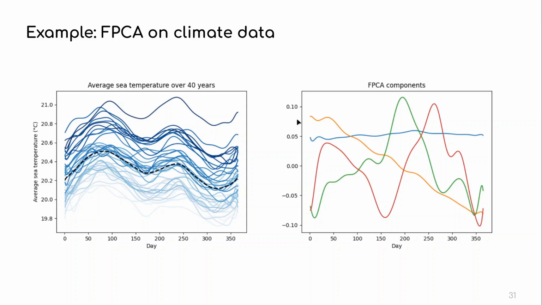And actually, if you look at the scores, the most important one is the blue one, and then the yellow one, the orange one is a little bit, and then the other two are basically noise. So really, it's the first two that are the really important ones, and we can actually interpret them.